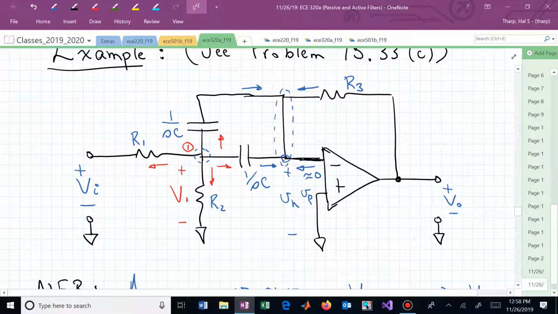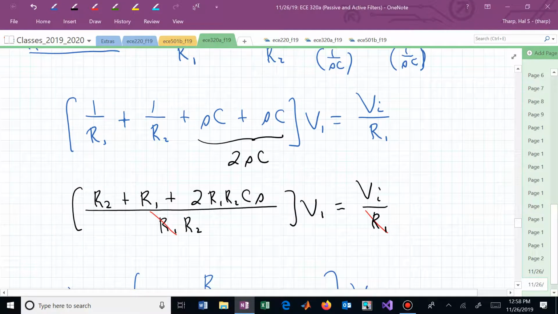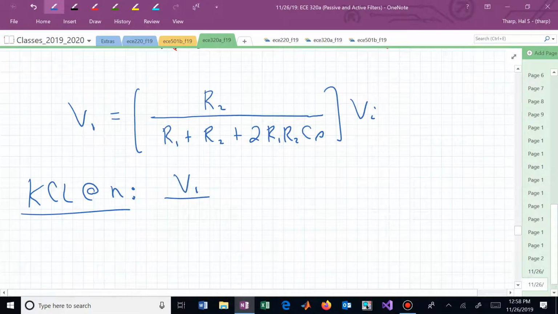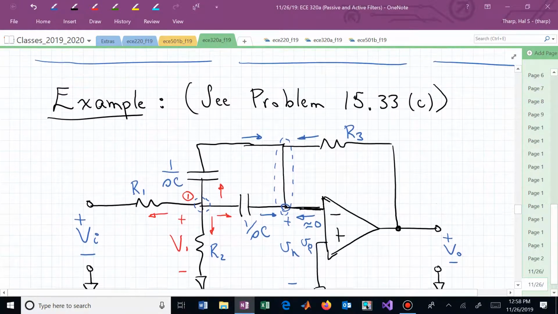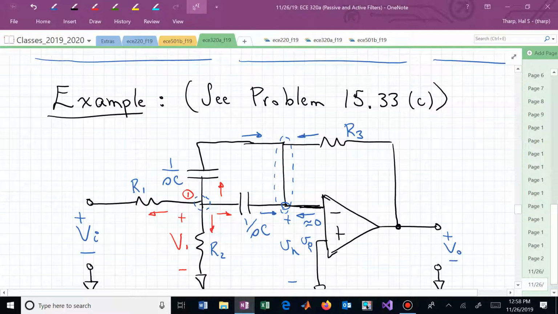The bottom horizontal is now V1 over the impedance presented by that capacitor, which is 1 over SC, since V sub n is 0 volts. Now let's just go vertically up from that horizontal and write the next one. In fact, that's exactly the same expression. We have V sub 1 minus where we're going, which is 0, divided by the impedance, 1 over SC.